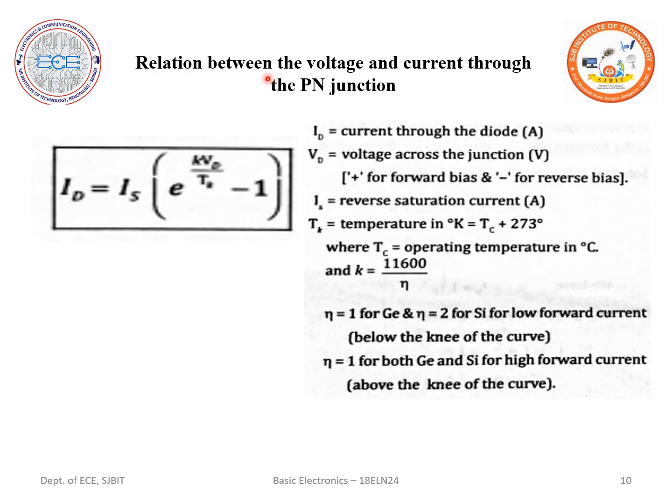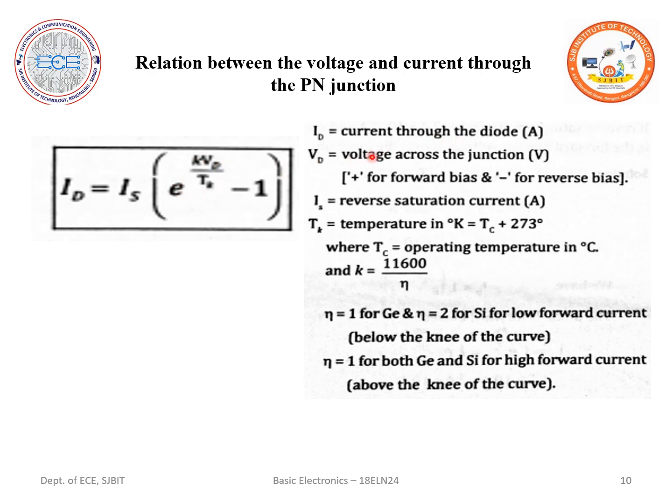Let us study the relation between the voltage and current through the PN junction. The current equation: ID represents the forward current or the diode current, which is equal to Is times e to the power of (k Vd / Tk) minus 1, where Id is the current through the diode, which we call a forward current or a diode current.